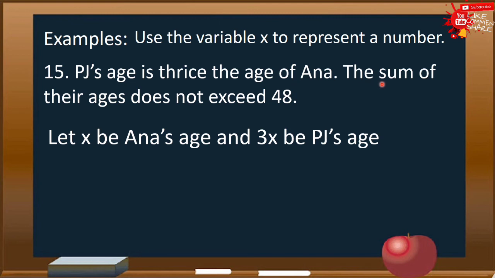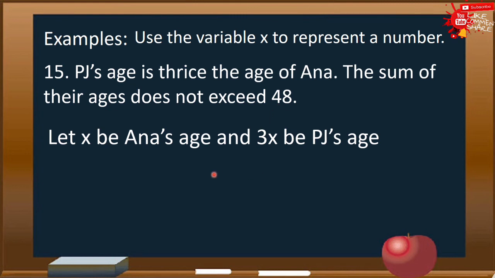Then we have here the sum of their ages does not exceed 48. So we have the word sum, so it means that we will use the plus sign. Then we have the phrase does not exceed. So it will not go higher than 48. So, when it does not go higher than 48, the symbol that we're going to use is less than or equal to 48.